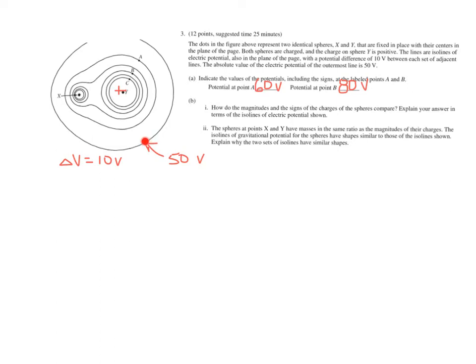And the thing is, everything's by convention is for positive. So if I have a positive charge here, it has 50 joules of energy per coulomb. So if it's 1 coulomb, it would have 50 joules of energy. If it was 2 coulombs, it would have 100 joules of energy. But anyways, 50 joules per coulomb of energy for a positive charge. Well, if this center spot is a positive charge, which it says it is, it's important here.